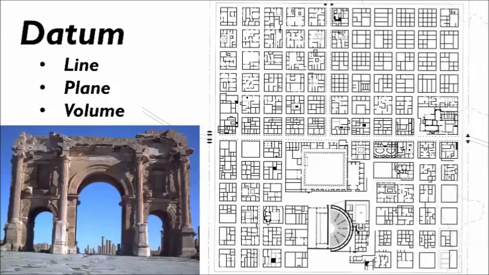On the right hand side you see this town plan, and this is a grid plan, meaning all of the streets or thoroughfares become planes that intersect each other, and it forms a grid.